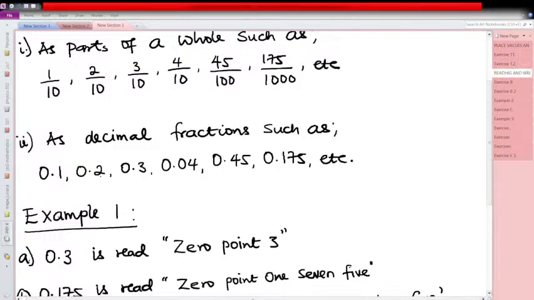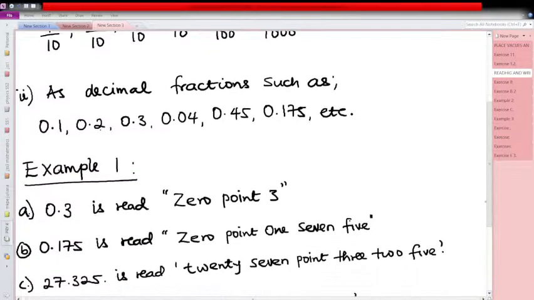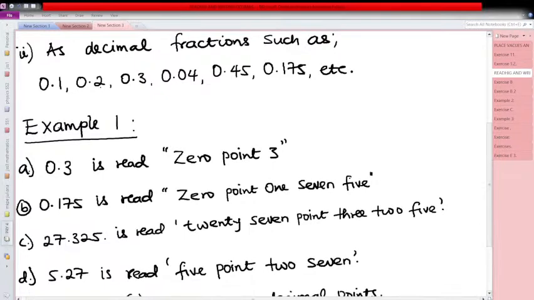So example 1, we are told that this as a decimal fraction is read as 0.3. The whole number part has a value of 0, while the fractional part has a value of 3. B, this is read as 0.175.